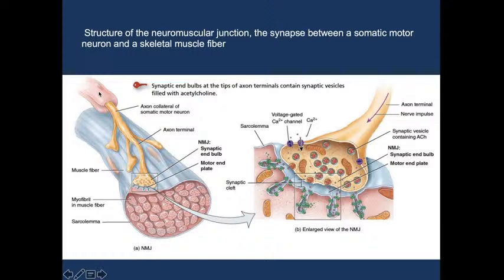An electrical impulse comes to the synapse, and inside the synapse a special chemical called acetylcholine is released out of the synapse and acts on the myofibrils here.